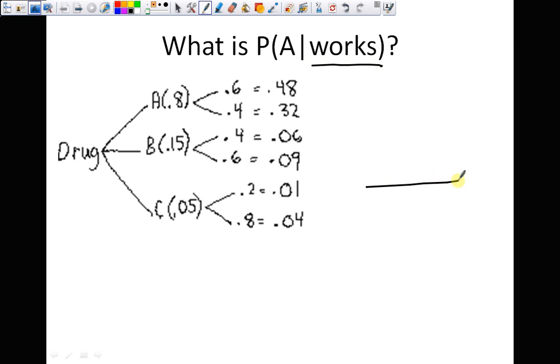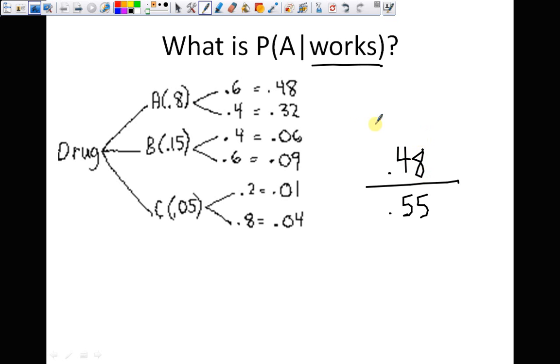My universe is what I'm dividing. I'm already given that it's working, so I'm dividing out of a probability of 55%, because 55% of the time it works. Now of that 55% of the time, 48% of that came from drug A.